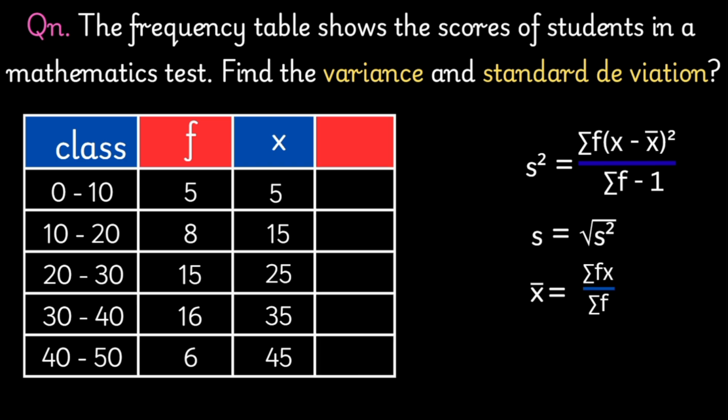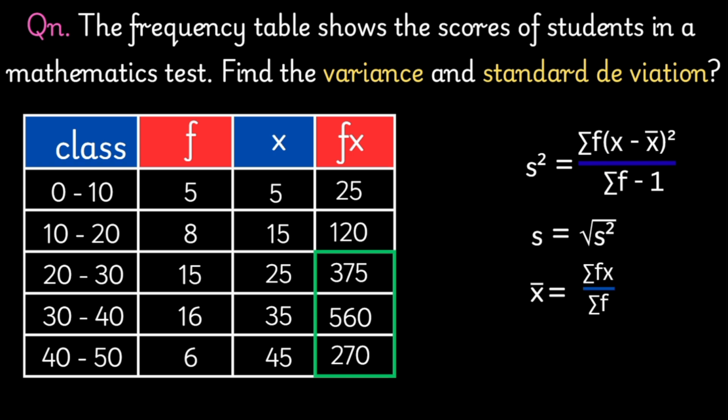Then the next column we need is the column of fx. To get that is very simple once again. For the first row, it shall be 5 multiplied by 5, and that gives us 25. Then next, 8 multiplied by 15 to get 120, and we do the same for the remaining spaces.